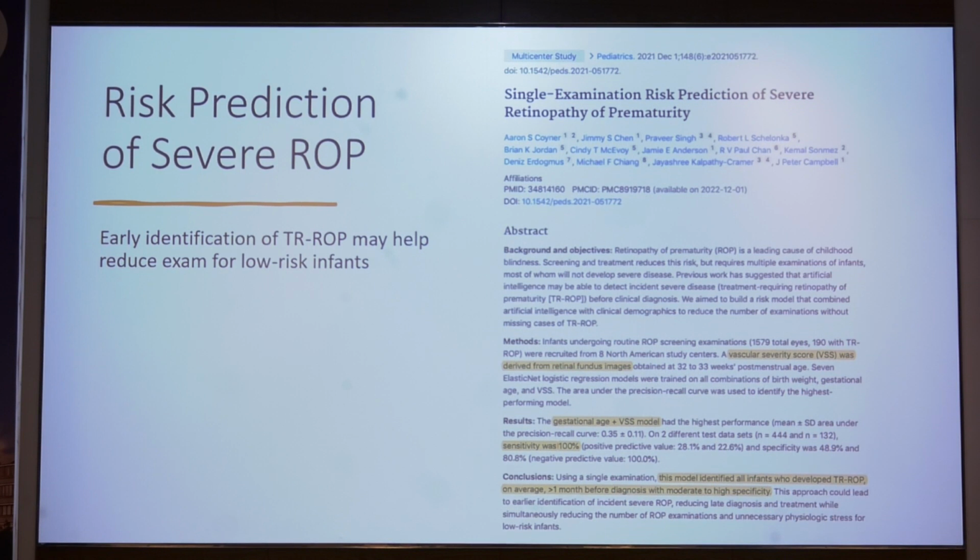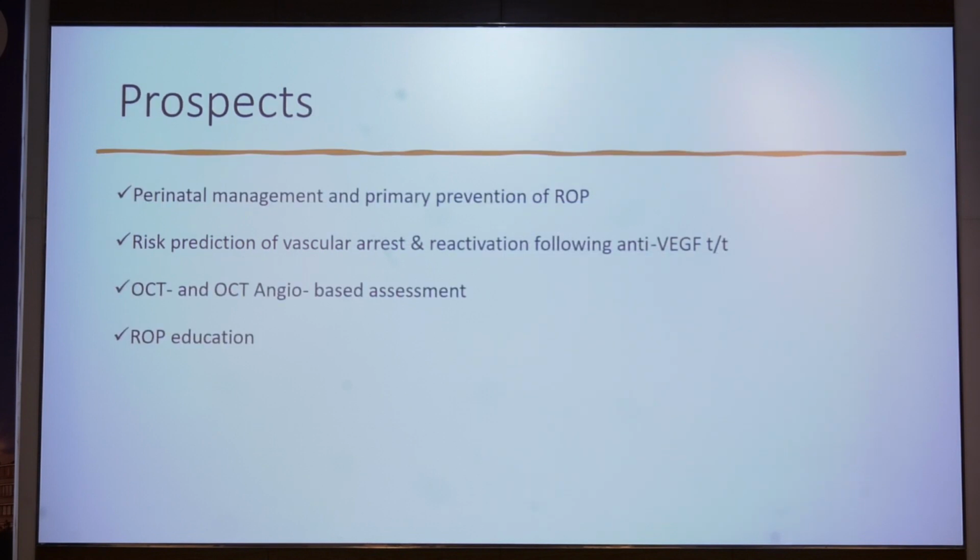There is a huge benefit, because once we know which babies are going to develop treatment-requiring ROP, we can channelize our efforts toward them, and for babies at low risk, we can maybe reduce the follow-up and observe them at 2 or 3 weekly intervals.